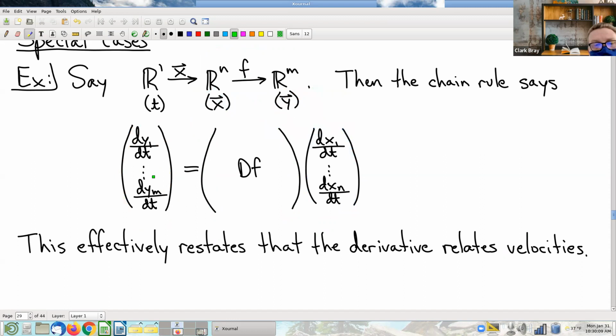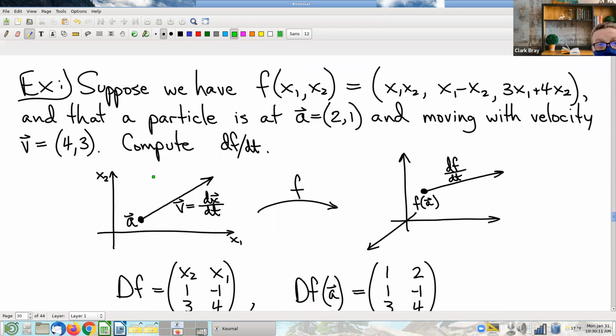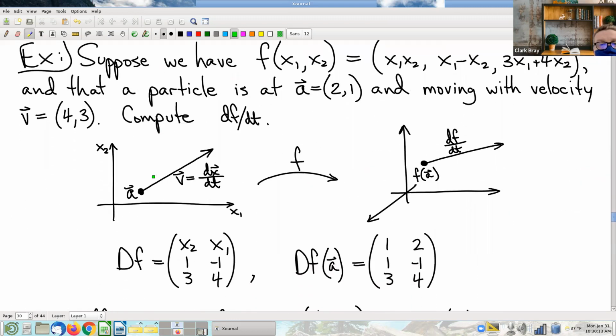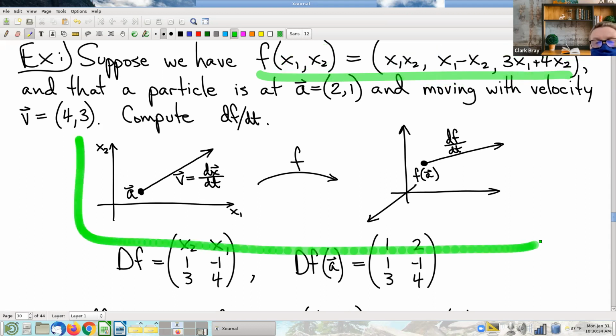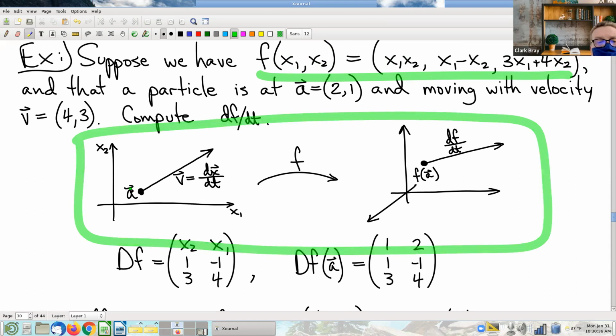So the following example is really just taking advantage of that, but this example could have made sense in the previous sections, where we already knew what derivative matrices do. They relate input velocities and output velocities. So here I have a function, and notice I've got two input variables and three output variables. I've got a picture here: domain over here on the left, target over here on the right.